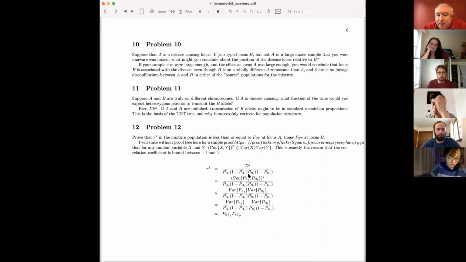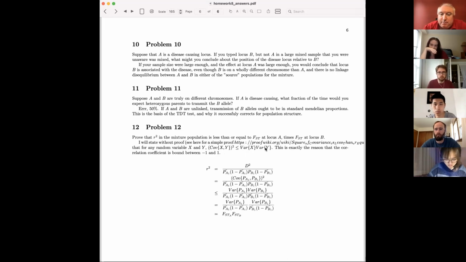And in general, the covariance between two random variables, x and y, squared, is less than the variance in x times the variance in y.